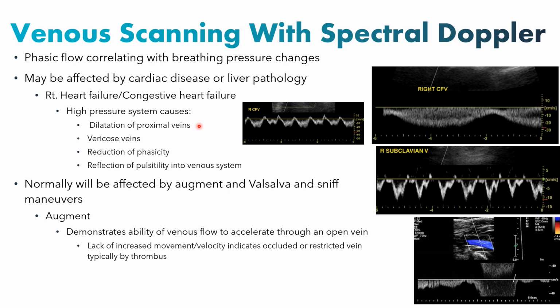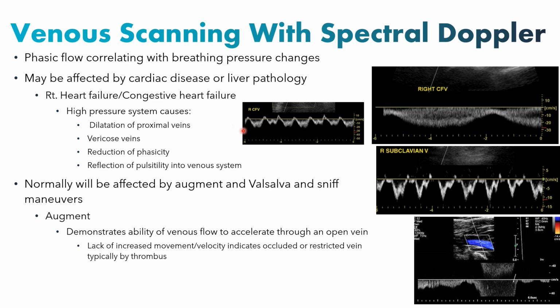Because of that, you will see changes in the phasicity, or a reduction in the phasicity, because of that congestion. Varicose veins are usually caused by some sort of dilatation of the veins and an increase in the pressure system, so you may see less phasicity in those.